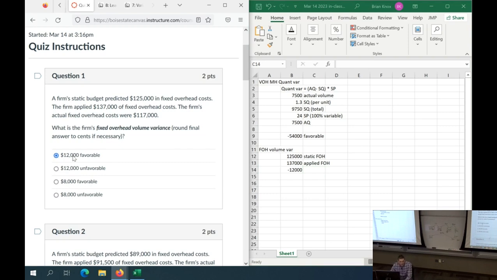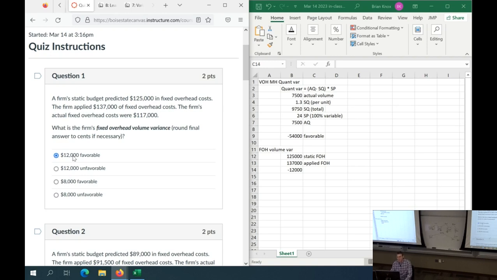And frankly, favorability is one of the most disagreed about questions. If you Google fixed overhead volume variances, which I've done multiple times as I've been checking myself, making sure I'm not crazy about this, the actual textbooks that get printed by professors all agree about favorability.